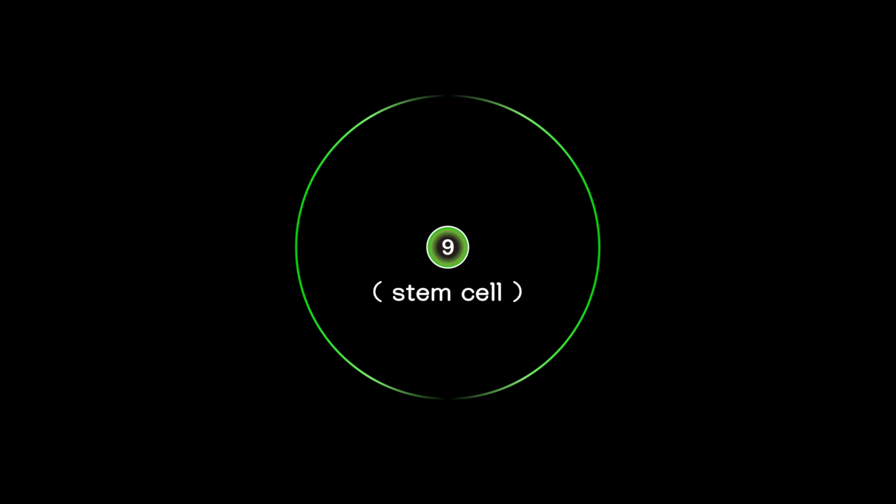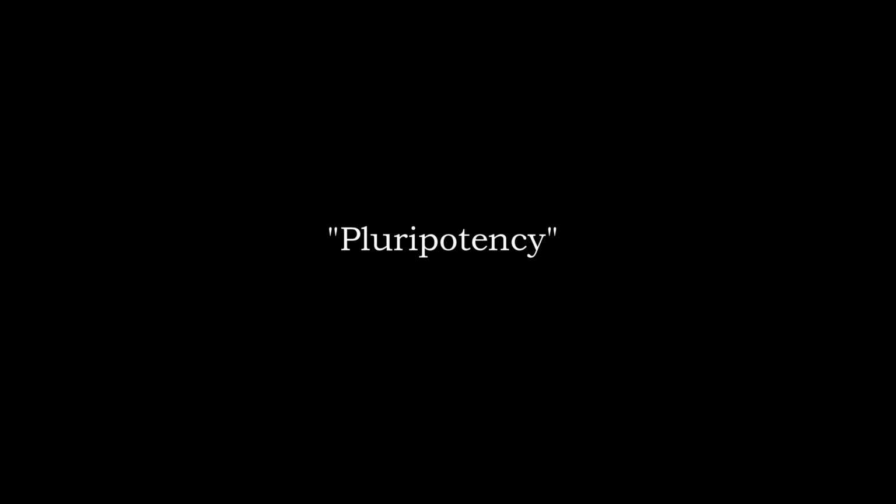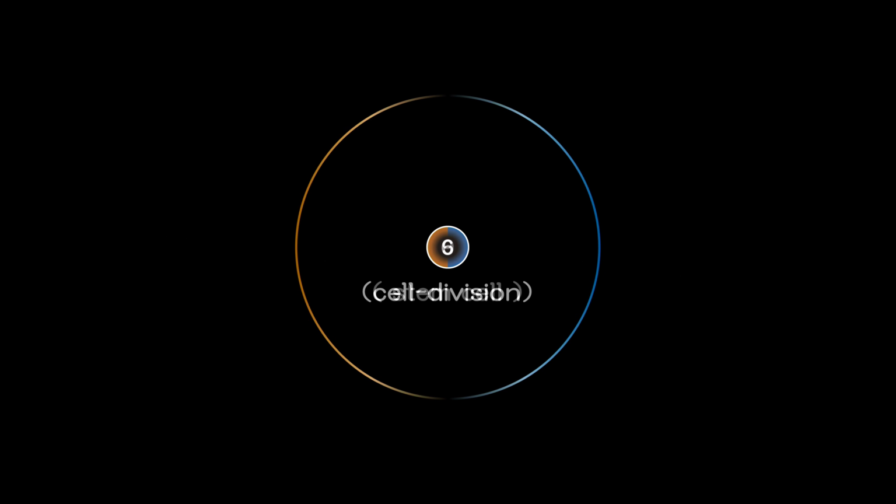As discussed, stem cells are all identical, but each stem cell has the potential to differentiate into various types of cells. It is called pluripotency. Related to this, as we will see in Chapter 3, the worldview of Type 9 can be seen as the pluralistic worldview. The process from point 9 to point 6 represents the process of cell division.